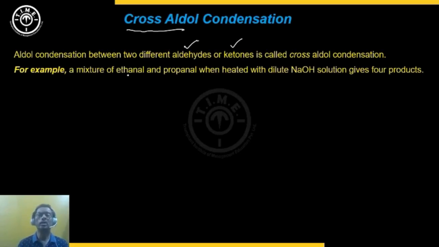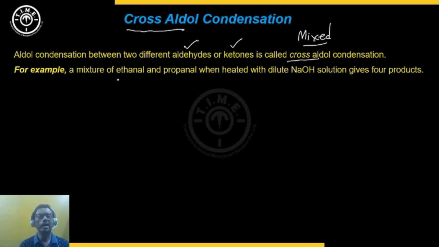The first molecule may be an aldehyde and the second molecule a ketone, or the first molecule is one aldehyde and the second is another aldehyde, or a ketone 1 with a ketone 2. That is called a cross aldol. Sometimes we use the word mixed. Mixed aldol is also used. Some of the books also take mixed aldol as the reaction between two different aldehydes or ketones.